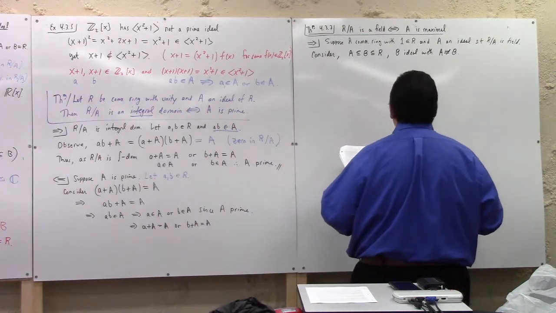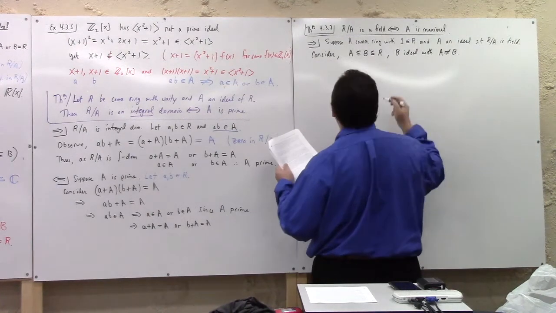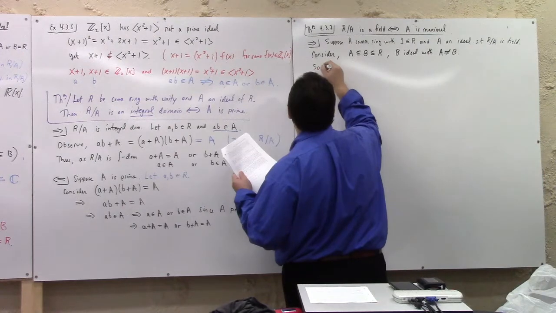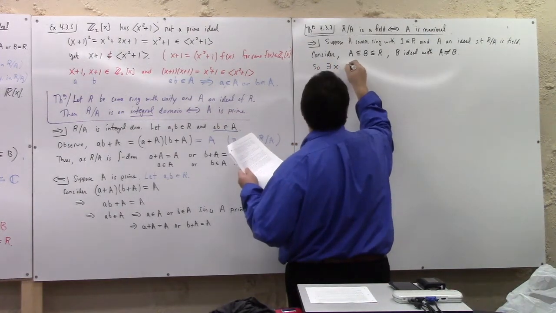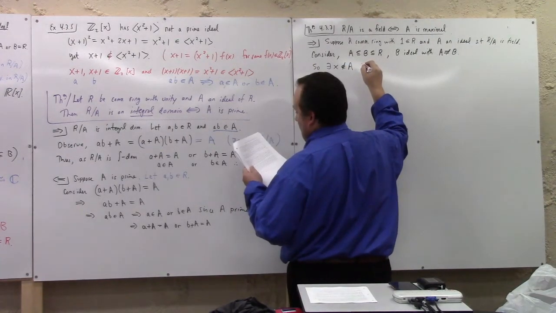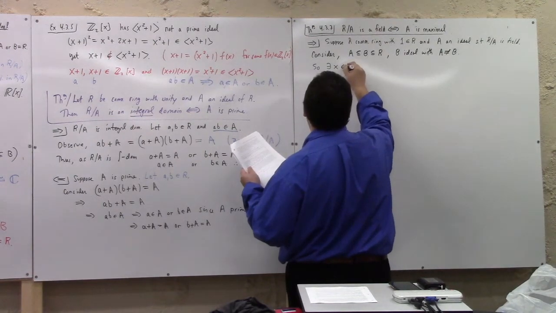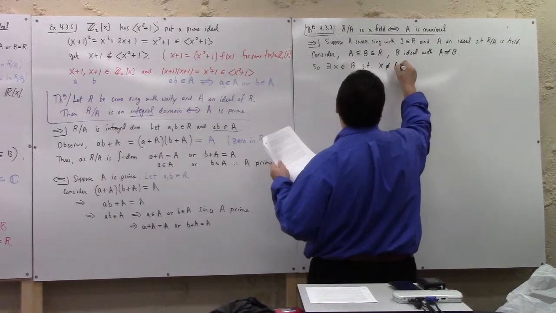All right, so if A is not equal to B, what does that mean? So there exists x in B such that x is not an element of A, right?